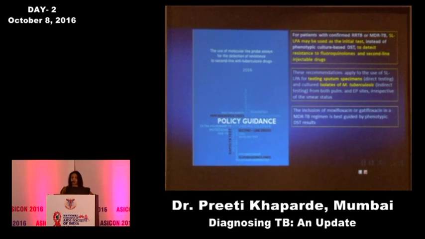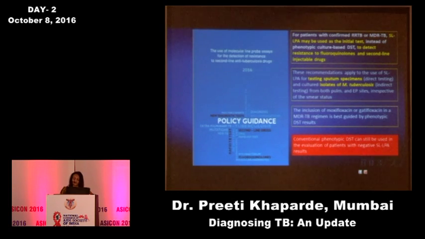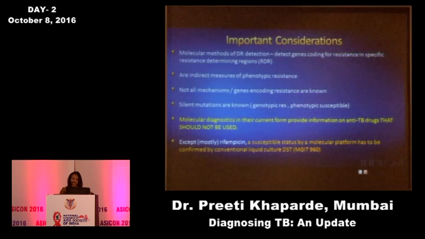The only hitch here is that the mutations you see in this assay are not very well correlated phenotypically for two drugs, moxifloxacin and gatifloxacin. Therefore, for these drugs, you need to confirm susceptibility by conventional culture DST. So conventional culture DST can still be used in the evaluation of patients with a negative second-line LPA.